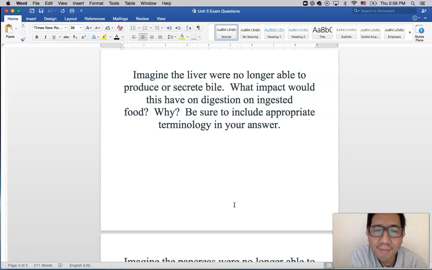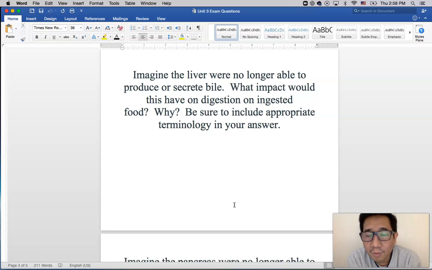If you cannot emulsify fat, what's going to happen? Well, you're going to feel bloated. You cannot break down fat. You're going to have a stomach pain every time you eat fat. Because why? Because it cannot be broken down. If it cannot be broken down, your body cannot absorb it.